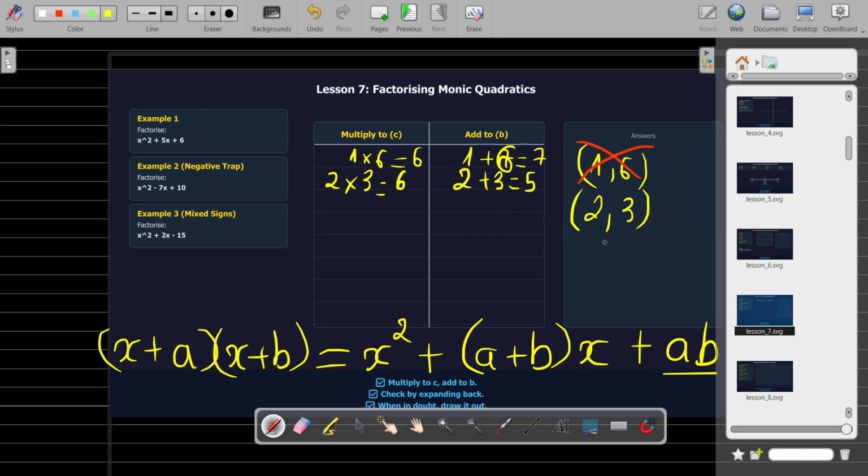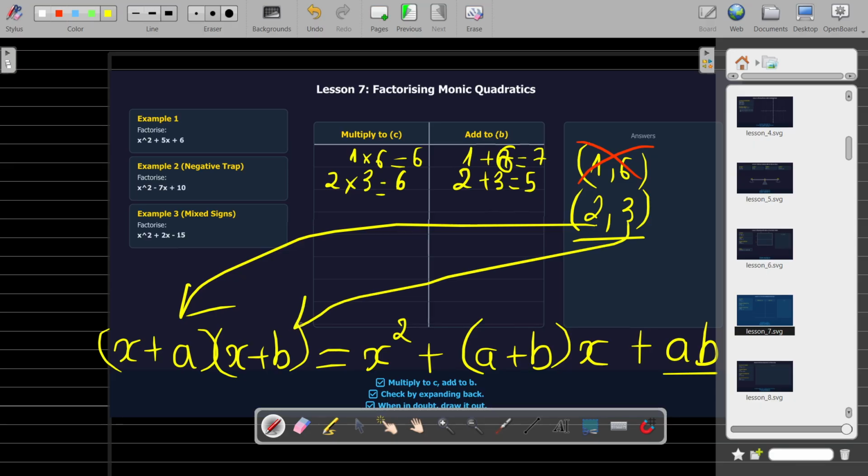Because we have found our pair, we just need to swap these values, 2 to a and 3 to b, and we will have our answer. So the answer would be x plus 2 times x plus 3.